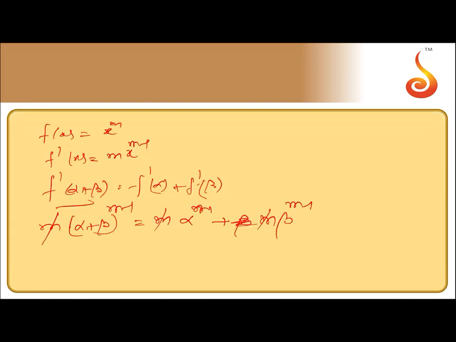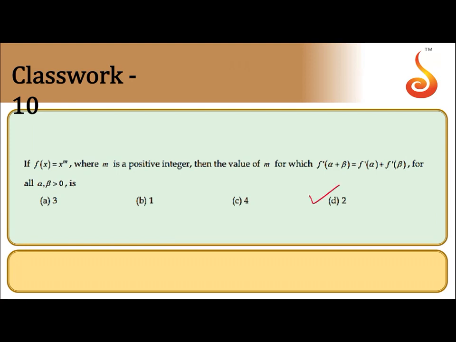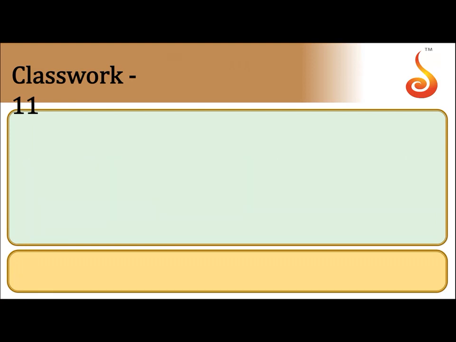I hope 1 does not satisfy the condition here, because with 0 power we will be getting alpha plus beta power 0, 1 is equal to 1 plus 1. Doesn't satisfy. M equal to 2 exactly satisfies the condition that alpha plus beta is equal to alpha plus beta. So the answer m is equal to 2.